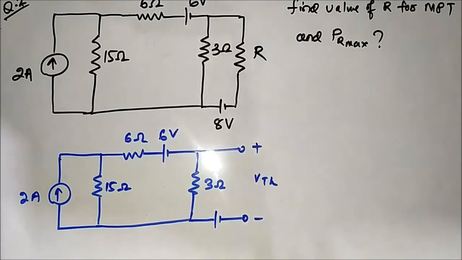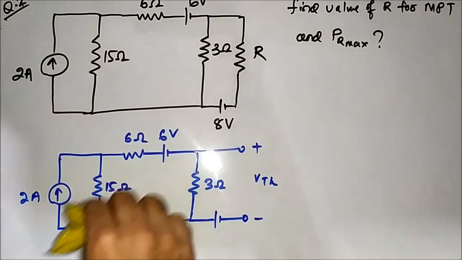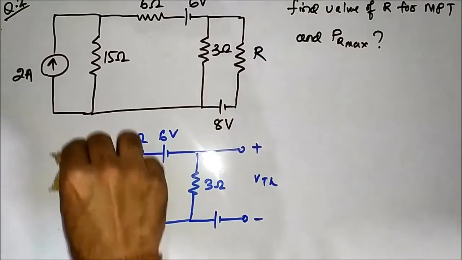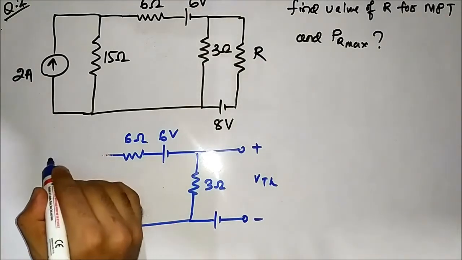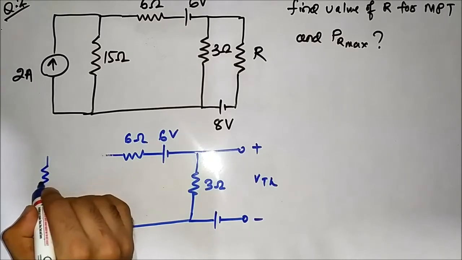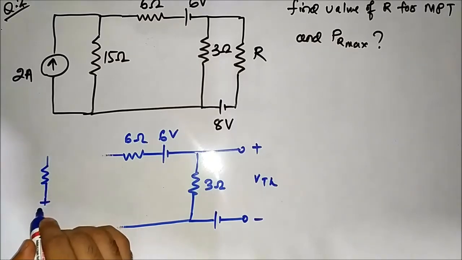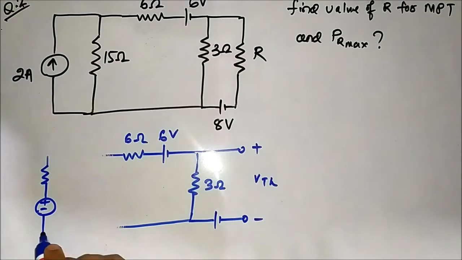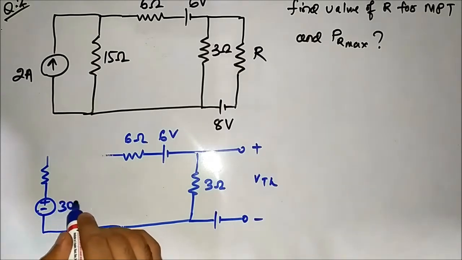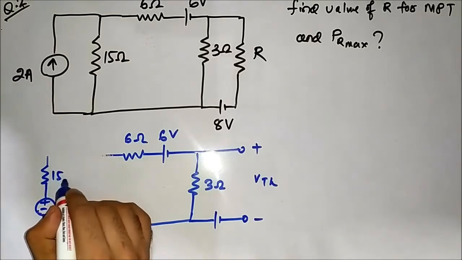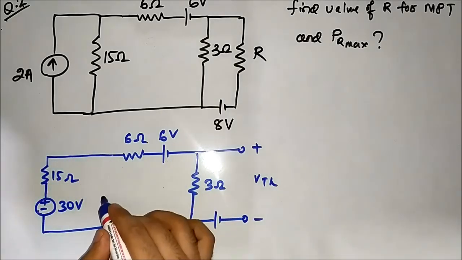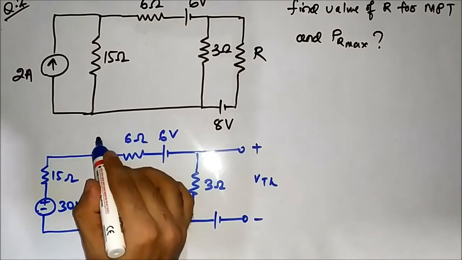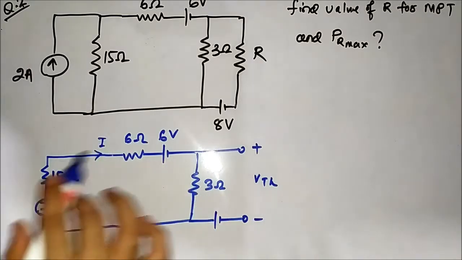This becomes 15 into 2, 30 volt in series with 15 ohm. Now we have to find this current I flowing through this whole loop.